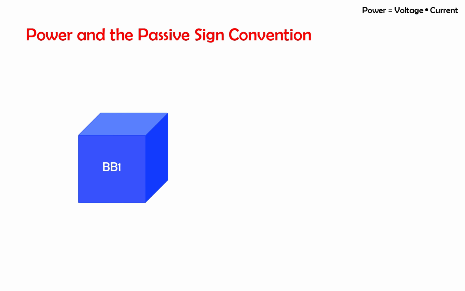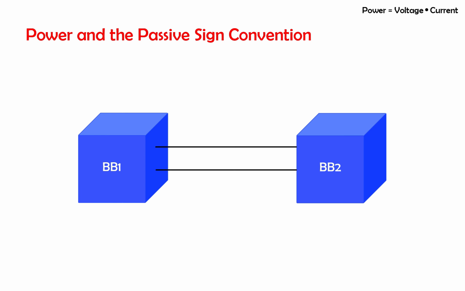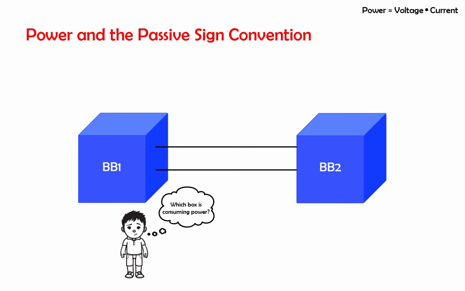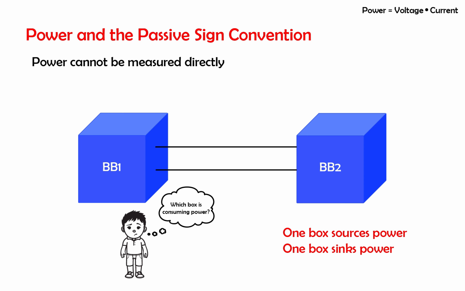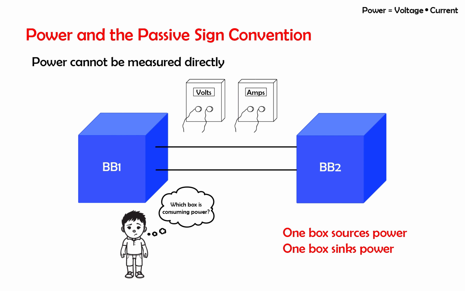If we have a black box named BB1, and we connect it to another black box, BB2, how do we know if BB1 is a power consumer or generator? Assuming that the circuit works correctly, we know that one black box is sourcing power while the other is sinking it. But which one is the generator? We cannot measure power directly, but we can use a voltmeter to measure voltage and an ammeter to measure current.